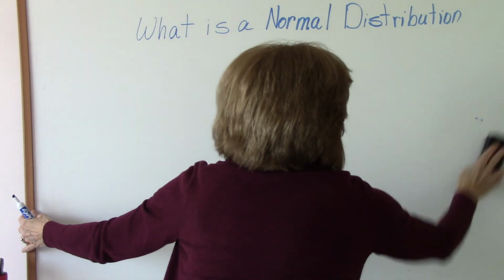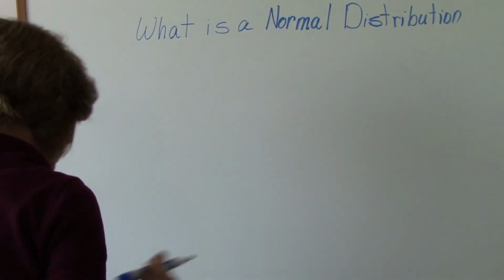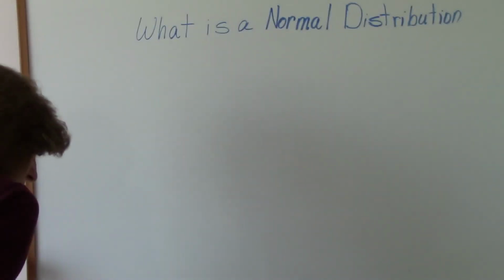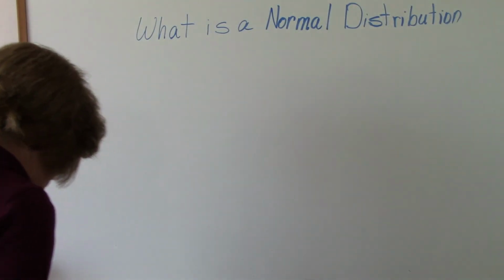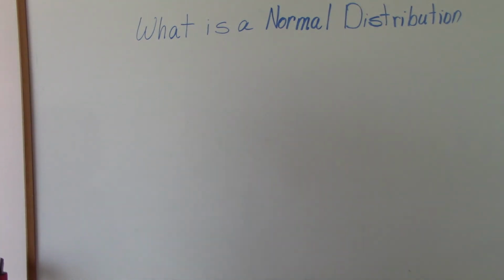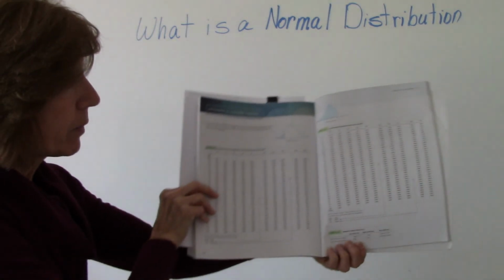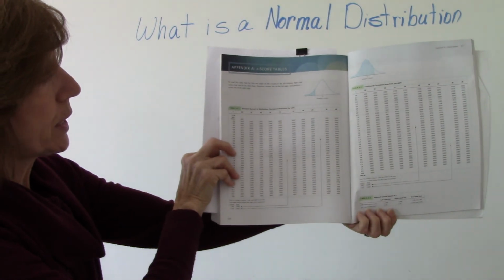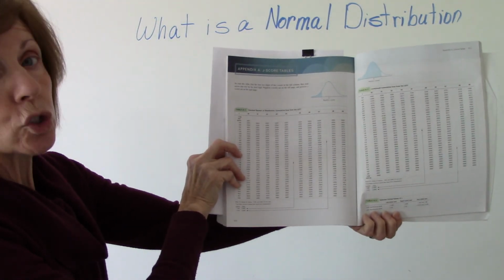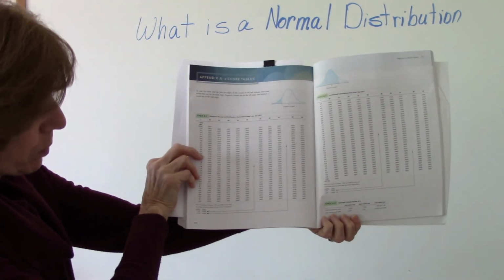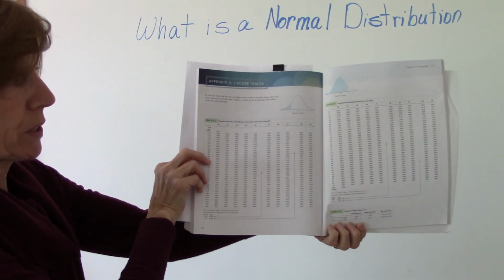The z-score is what I was talking about with the table in the back of your book. I know that all your books are online, but this is what the z-score table looks like. This is what you'll be searching for in the back of your book on page 370.